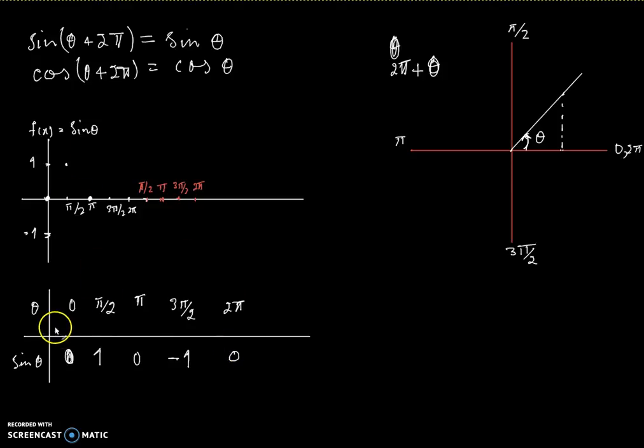So now you can basically plot these points. So at 0 you're at 0, at pi by 2 you're at 1, at pi you're at 0, at 3 pi by 2 you're at -1, over here at 2 pi you're at 0.